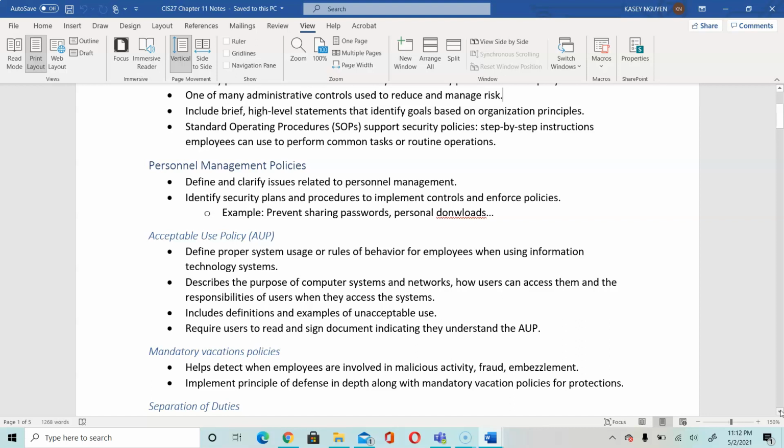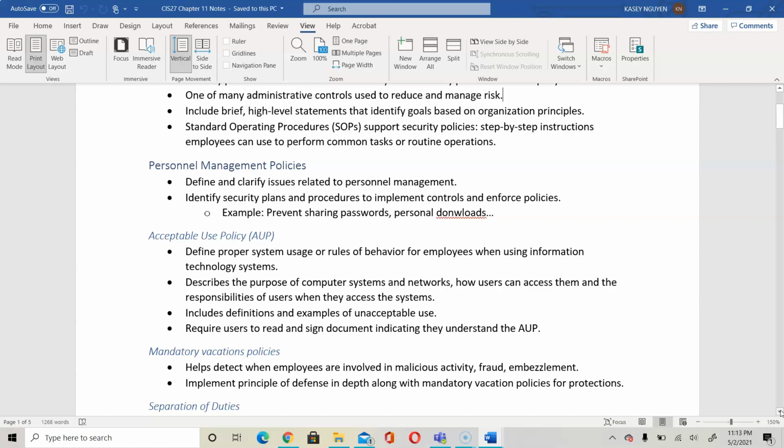It should include definitions and examples for unacceptable use. So usually you would see the organization require the user to read and sign an acceptable use policy or a document indicating that they understand the acceptable use policy.